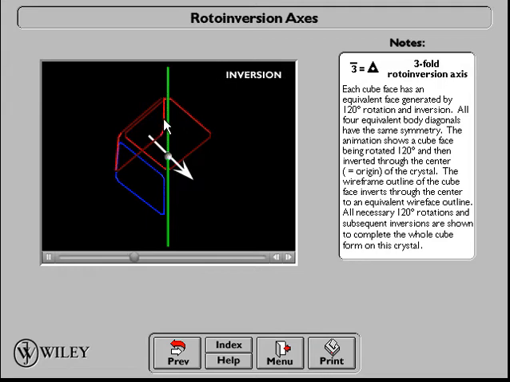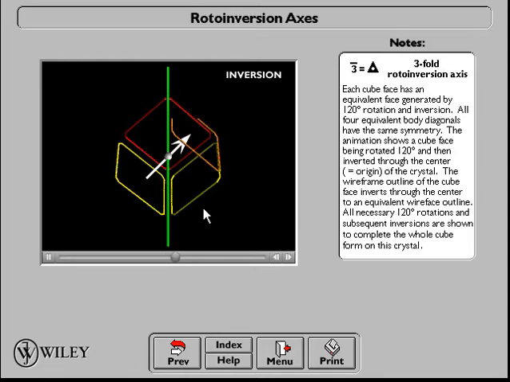We are putting it to that side, and then we are making an inversion, putting it on that side. Making then again a 120-degree rotation with an inversion, and afterwards a 120-degree rotation.